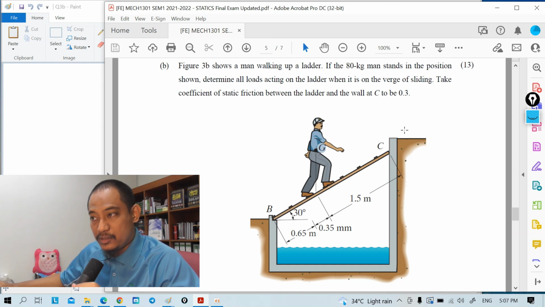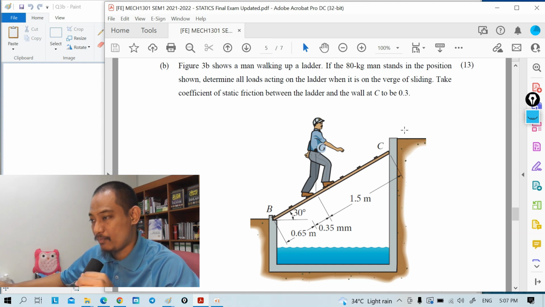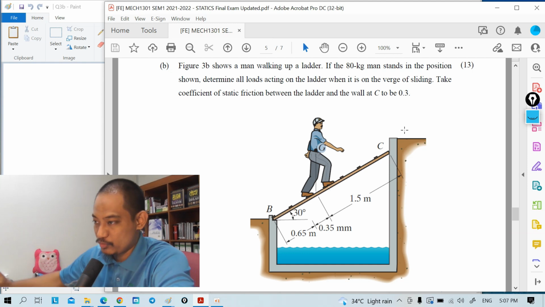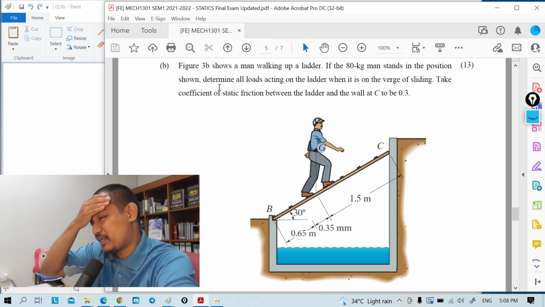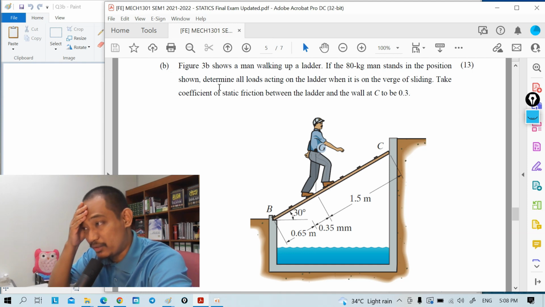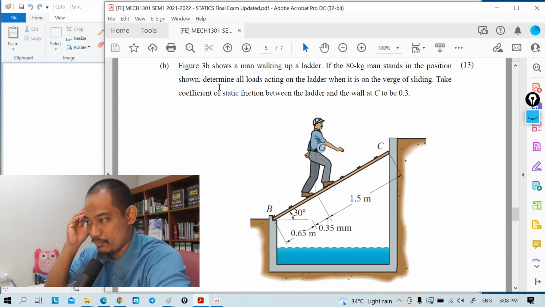Alright, this is question 3B. We have the diagram here. Figure 3B shows a man walking up a ladder. If the 80 kilogram man stands in the position shown, with the distance given, determine all loads acting on the ladder when it is on the verge of sliding.